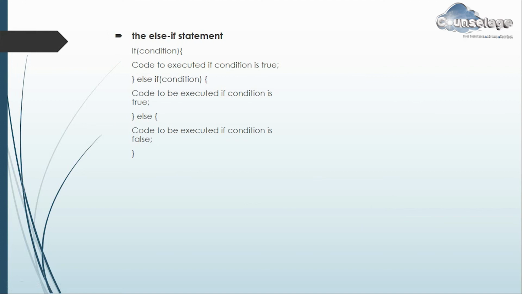The else if statement, that is the second conditional statement. If condition, then code to be executed if condition is true, else if condition, code to be executed if condition is true, then else statement, then else, and code to be executed if condition is false.